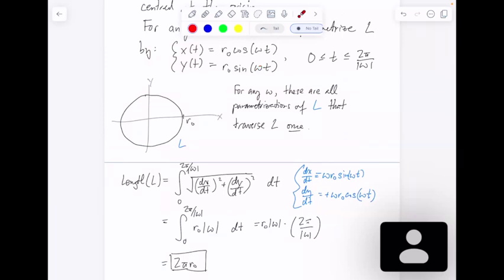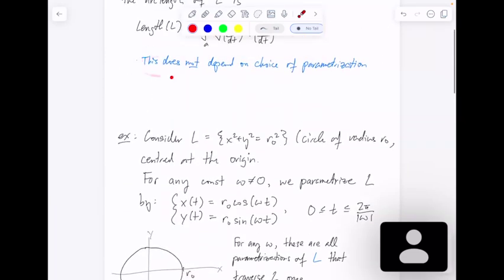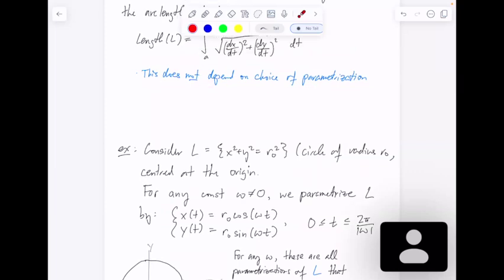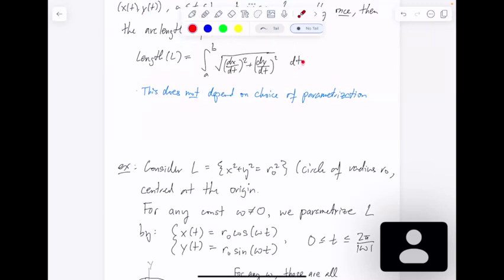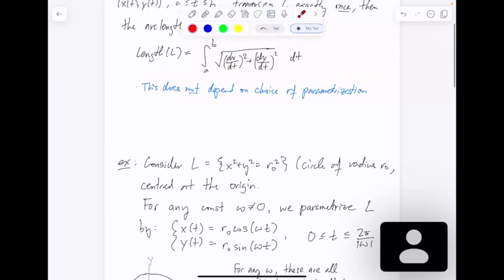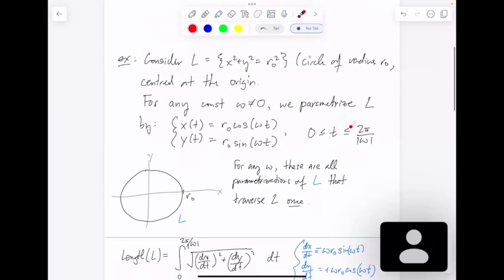And this is towards the comment that length in general does not depend on your choice of parameterization. As I said last time, if you want to prove this fact, you consider all possible parameterizations. You use the chain rule, because different parameterizations are going to have different bounds, just like how the bounds here change based on your specific parameterization.